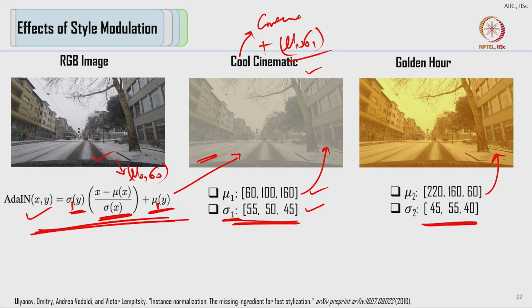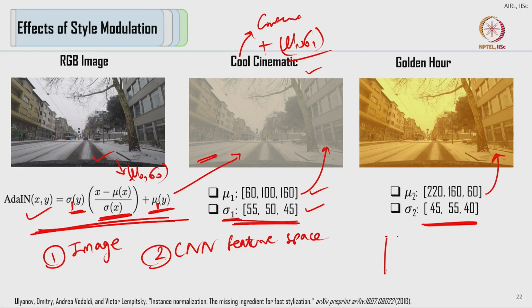Now one particular part that we wanted to say was, we can do this in the image space because an image has content and style information. We can also do it at the feature level. So we have a feature map X. The feature map would have content information.